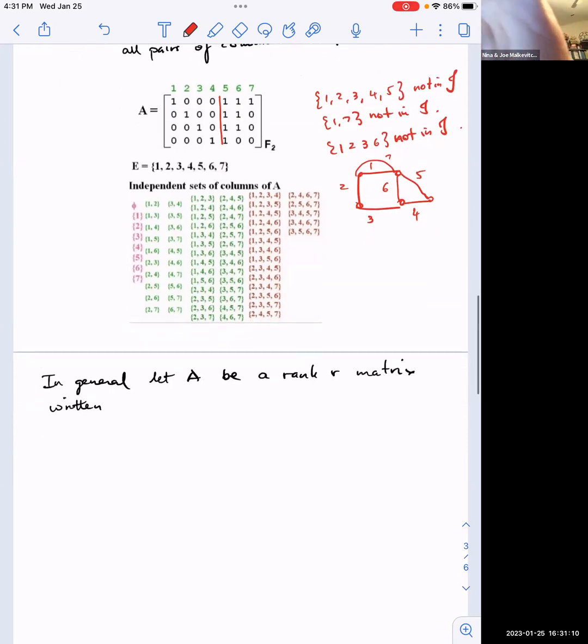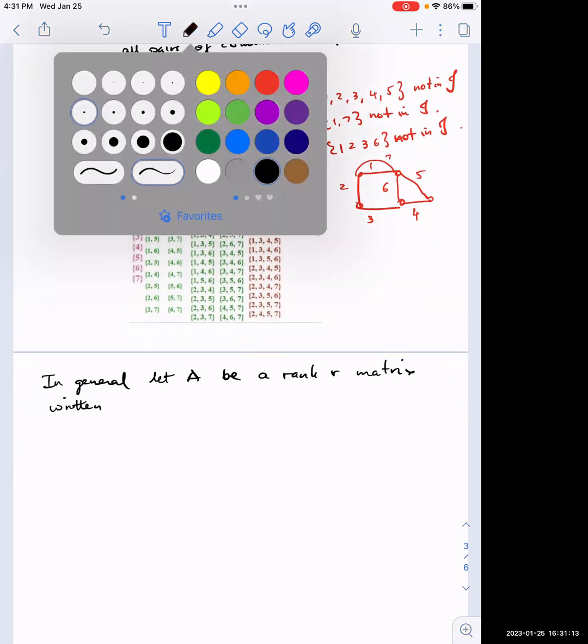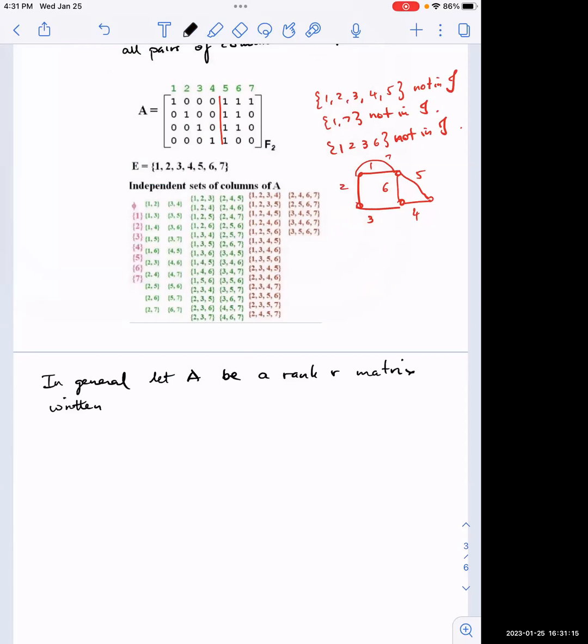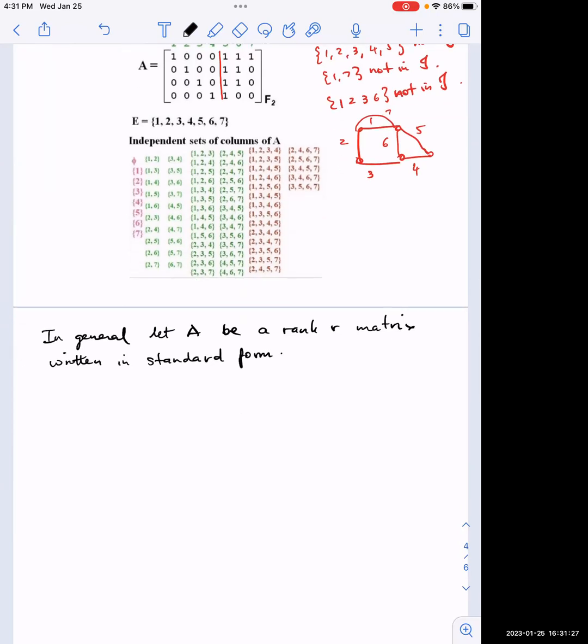You're welcome. And so in general, let A be a rank R matrix in the linear algebra sense, written in standard form. If a matrix is not in standard form, you can do elementary row operations and bring it into standard form, where you have the identity on the left.